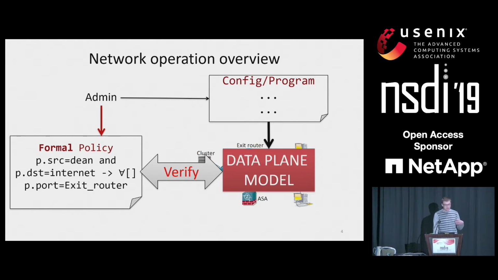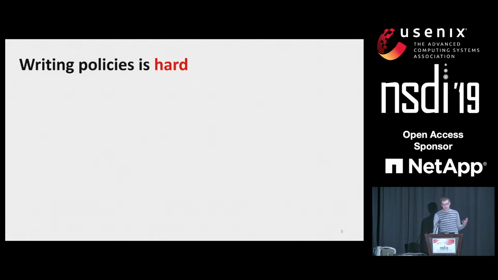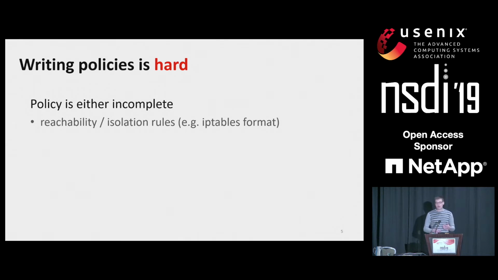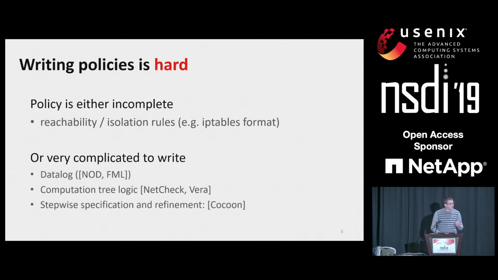Now everything sounds great, but there is a problem, and the problem is that writing this sort of formal policies is hard. Usually an administrator would go about writing a policy by specifying some isolation or reachability rules. But these rules don't capture the entire intended behavior that a network should have.